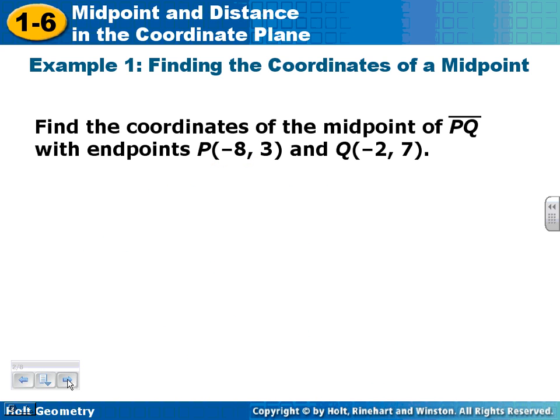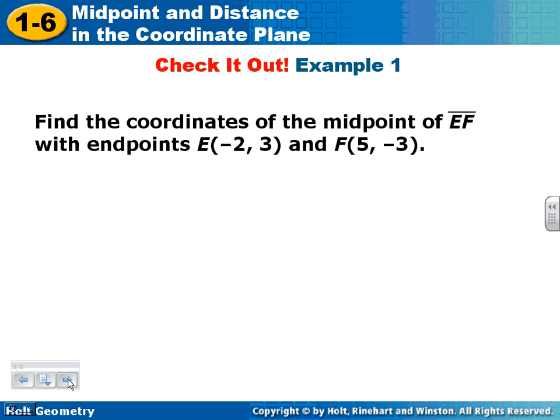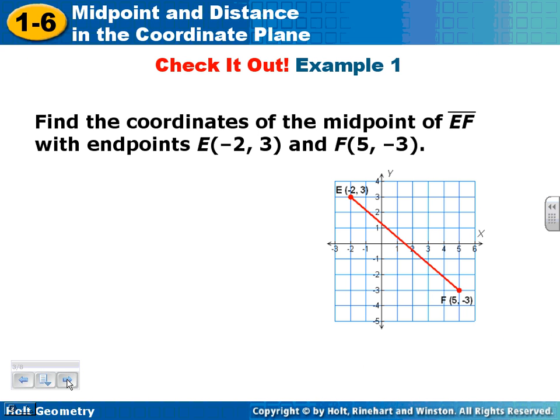But the next one, I guess we already have a picture there. My midpoint would be right in here somewhere. So E to F, my midpoint would be, let's add the x's together by saying negative 2 plus 5, divide by 2, comma, add the y's, 3 plus negative 3, divide that by 2.